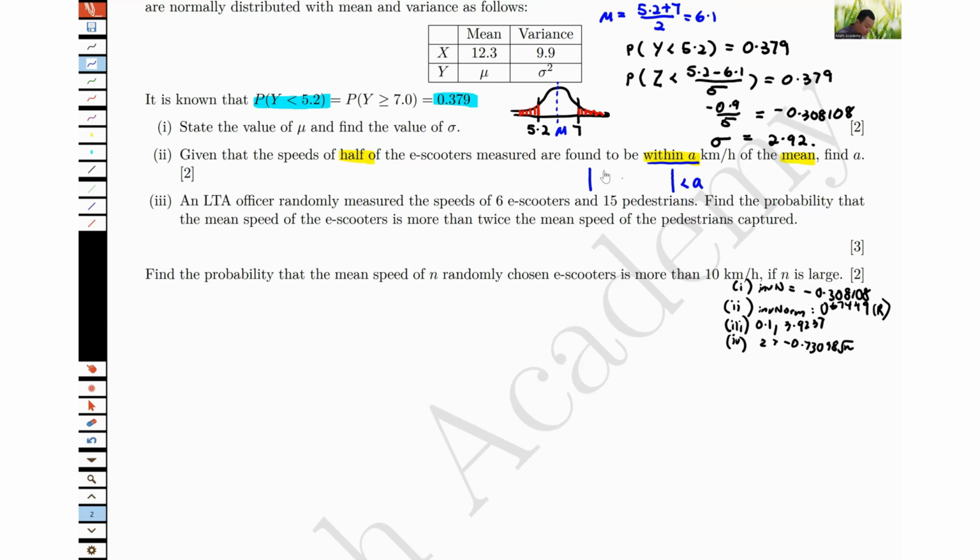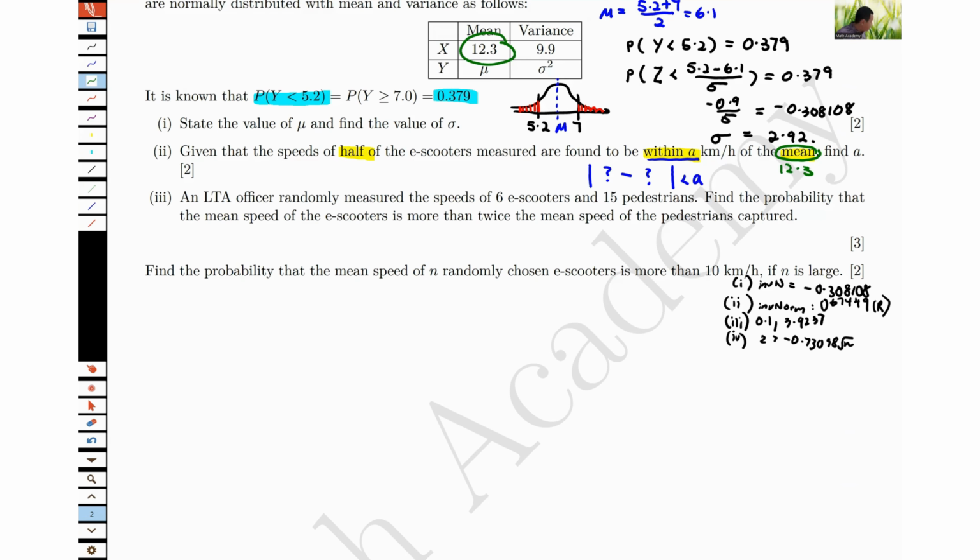So you think about what minus what is less than a. It's within a of the mean, and the mean for X is 12.3. So we should have X minus 12.3. This is how we interpret it: when you see the phrase "within a", a certain difference modulus will be less than a.